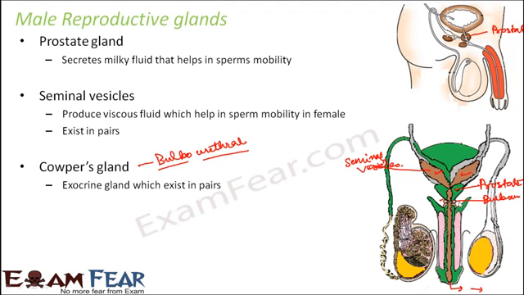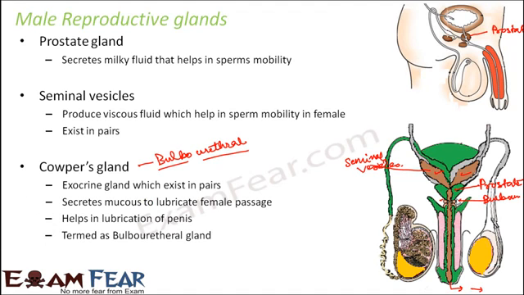Here also if you see 1 and 2, it exists in pairs, and it secretes mucus to lubricate the female passage. Now the female passage as well as the penis both need to be lubricated so that the penis can actually be inserted inside the vaginal passage. That lubrication of both the penis as well as the female passage is provided by the secretion of the Cowper's gland. It secretes a slimy substance like mucus.